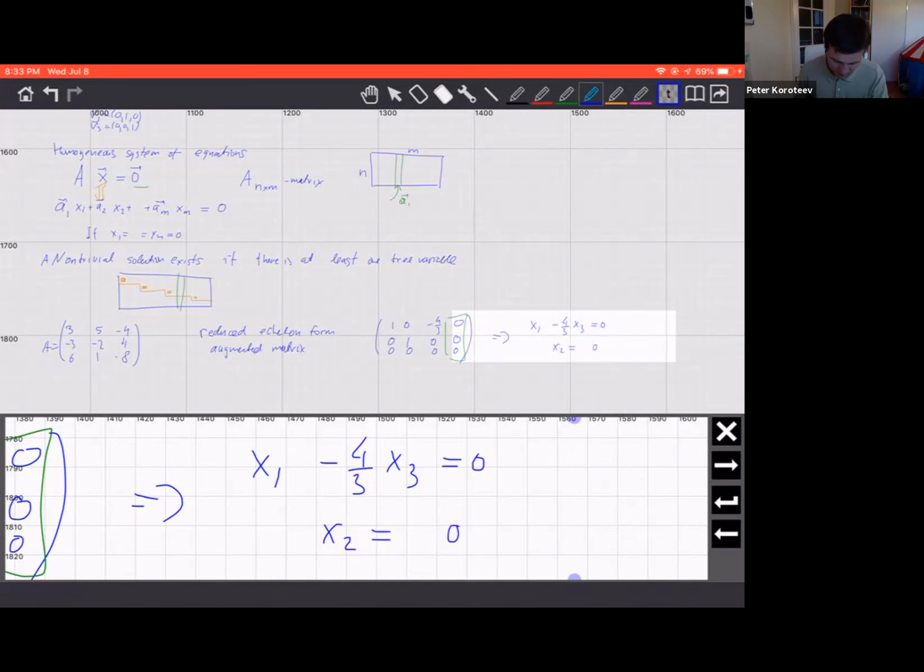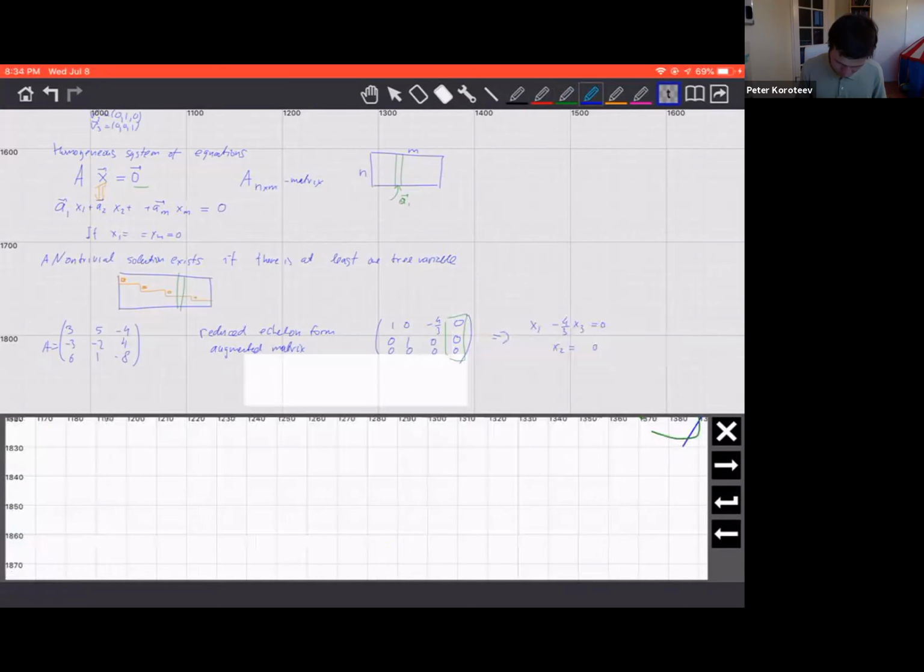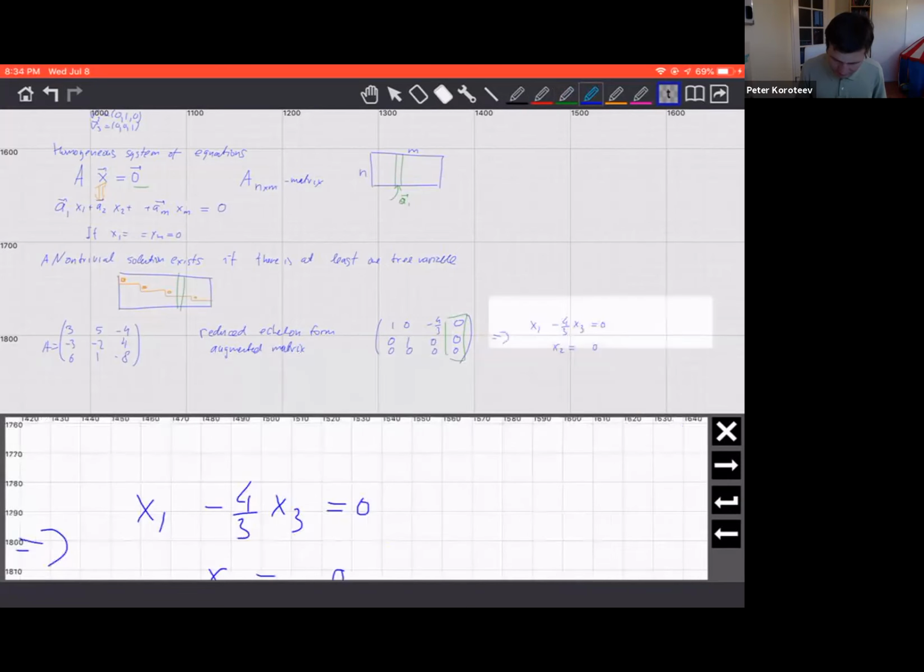So therefore x2 is fixed, and x3 and x1 are related. Well, it's a line, right? So this equation provides you the line. It's a line in R3.